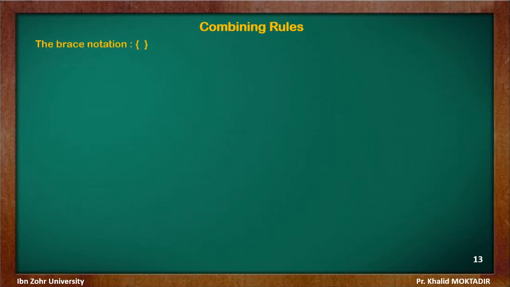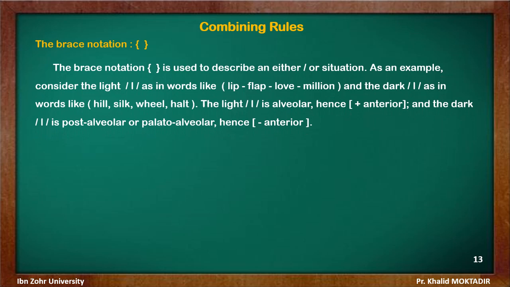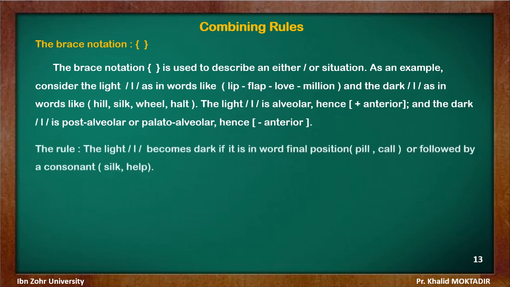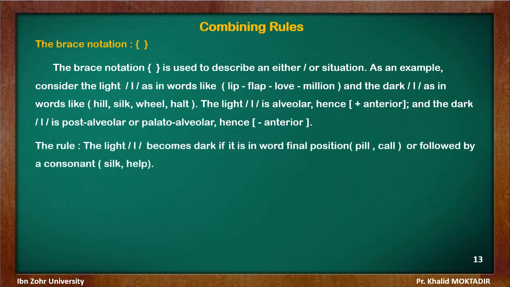Now we move on to rule combining. This is a notation that we use to combine, remember, two rules where a change happens in one context or in another. In other words, this is an either or situation. The brace notation is used to describe an either or situation.